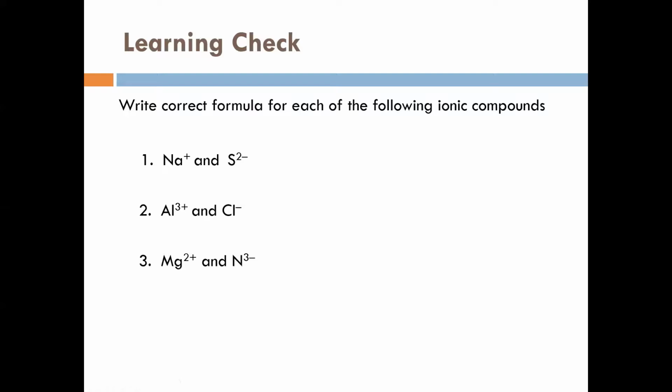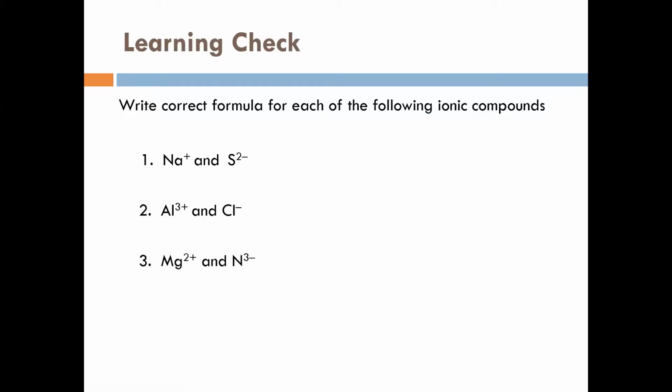Now our next one is magnesium nitride. So we have magnesium with a +2 charge and nitrogen with a -3 charge. This one's a little hard. We have to think of the least common denominator. So in this case, what is our lowest common denominator between 2 and 3? That would be 6.